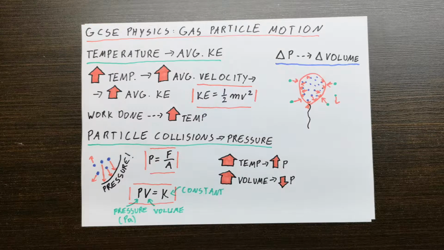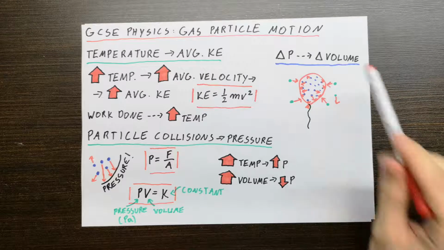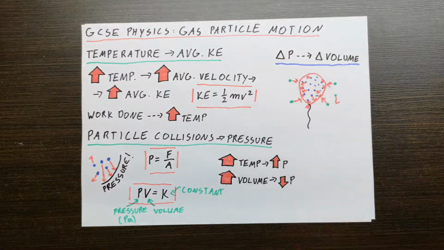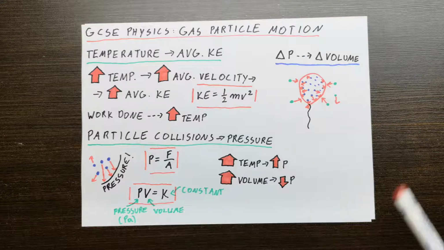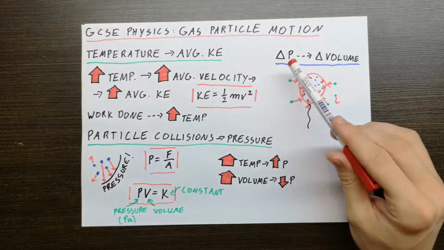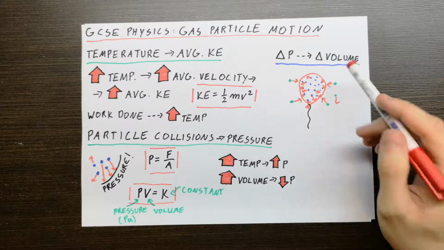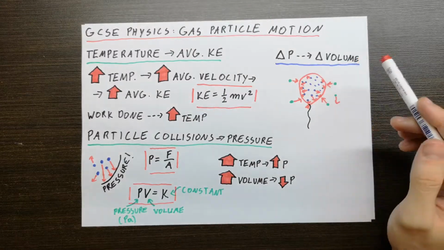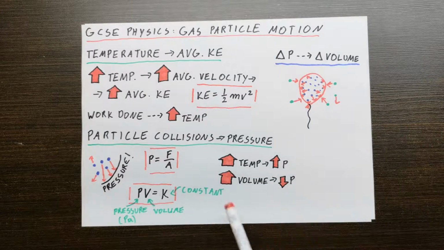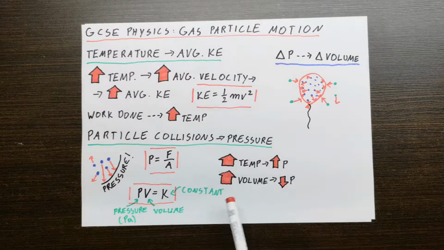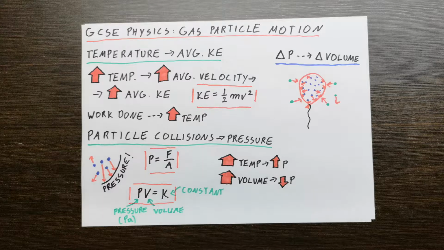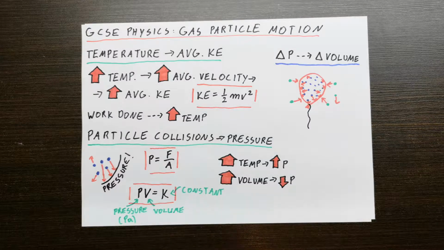Now, what about this case? What is all of this about? Well, guys, this isn't always the case. This is in some specific cases. When we change pressure, either decrease or increase, we can change volume. Now, this may sound strange because I've just been talking about volume and pressure being related, so if you increase one, you decrease the other.